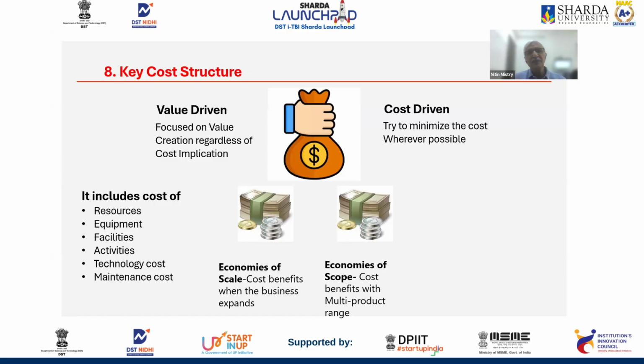Suppose you have a bakery that makes bread. If he can make cakes or cookies using the same oven, floor, or distribution network, his price reduces. That means overall infrastructure cost reduces. That we call economies of scope, right?